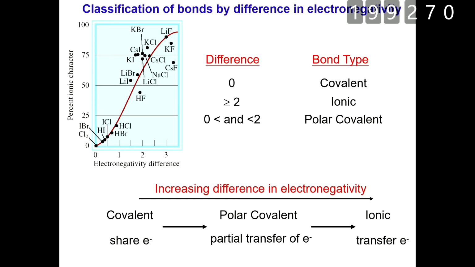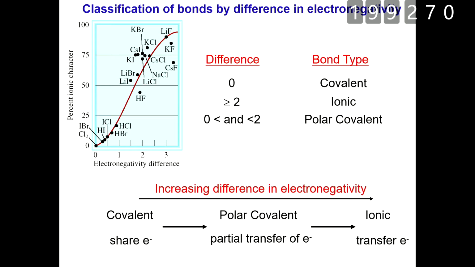So if the difference is zero, this means these two atoms are the same, so definitely they form a covalent bond. And if the difference is more than two, like this compound, basically one is metal, another is non-metal, so their difference is more than two, so they form an ionic bond.